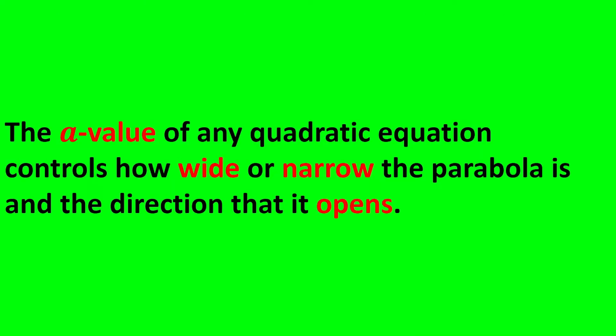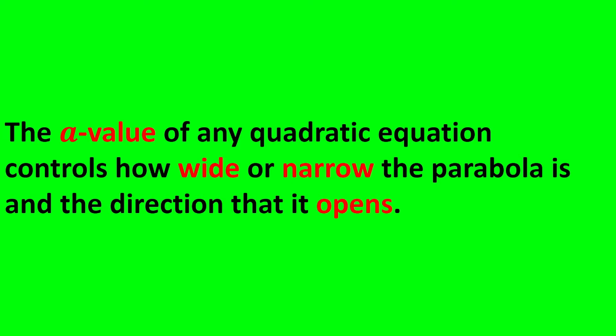The a value of any quadratic equation controls how wide or narrow the parabola is and the direction that it opens. When you're trying to figure out if your parabola will be wider than the parent function or narrower than the parent function, you can ignore the sign of the a value.